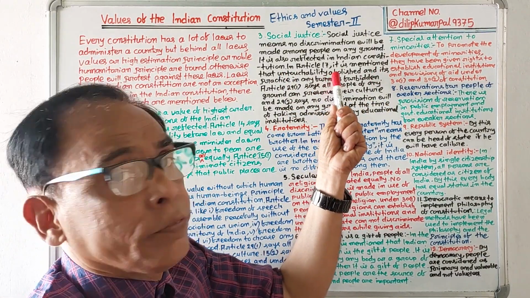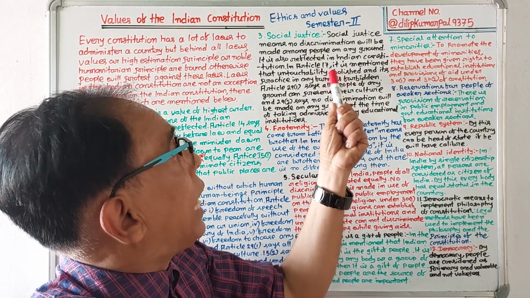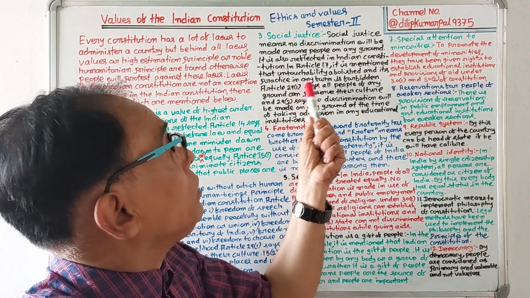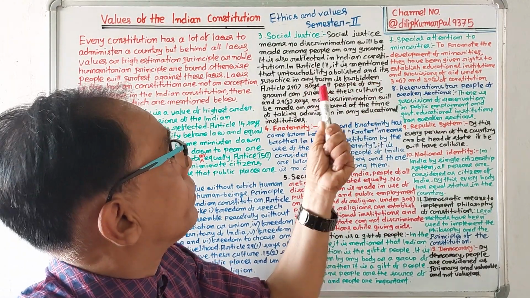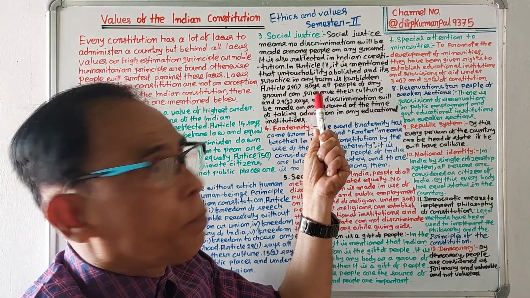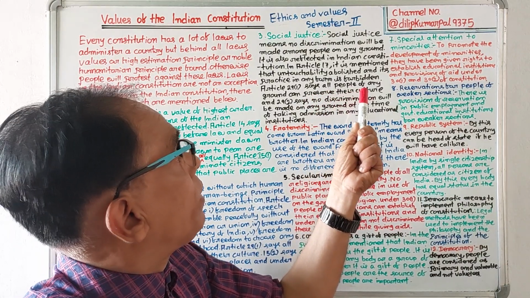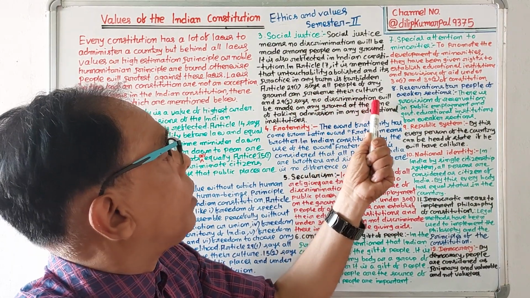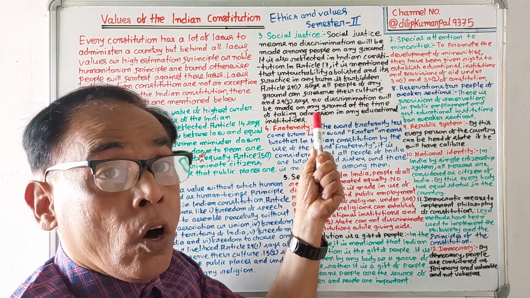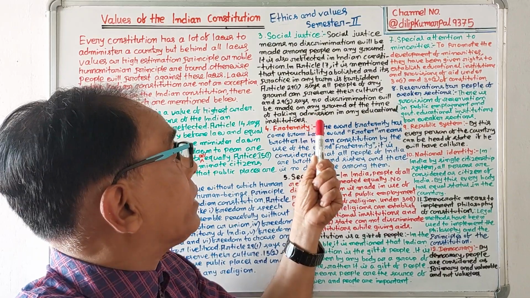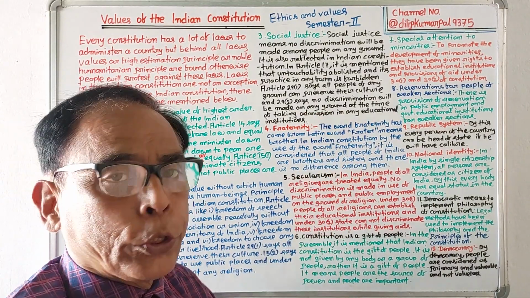Article 17 says that untouchability is abolished and its practice in any form is forbidden. Article 29 clause 1 says all people of any ground can preserve their culture. Article 29 clause 2 says that no discrimination will be made on any ground at the time of taking admission in any educational institution.